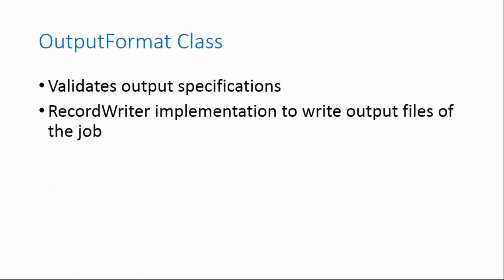And the output format class. The input format class works at the beginning of the MapReduce program, and the output format class works at the end. So at the end, it validates output specifications, mainly whether there is an existing folder with the same name, because HDFS won't allow overwriting it.